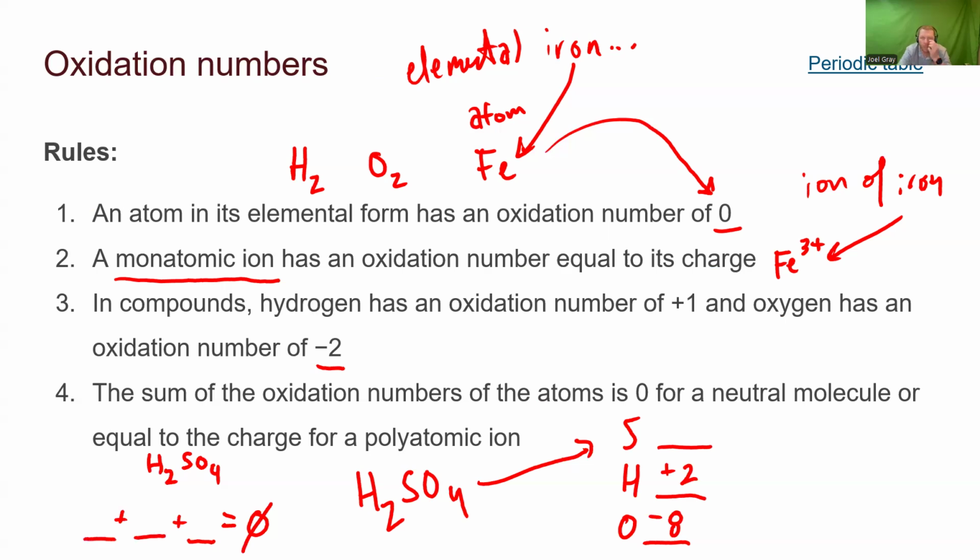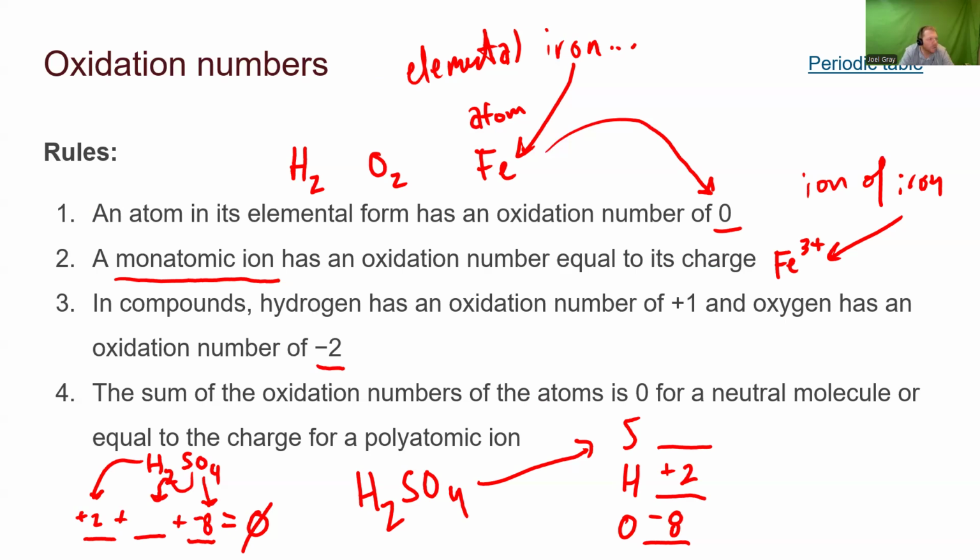I'm putting little lines to indicate what are the charges contributed by the hydrogen. That'll be the first blank here. That's +2. What about sulfur? Sulfur, we'll come back to that. Oxygen, -8.